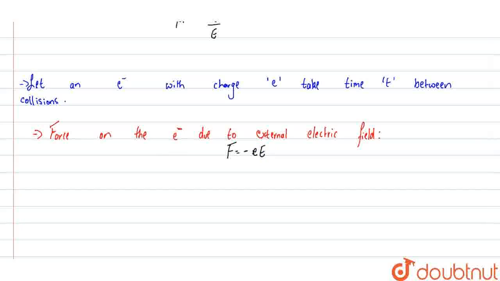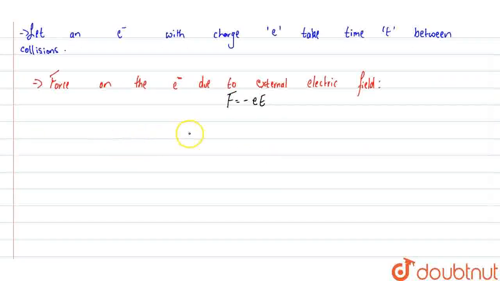From this we can find the acceleration of the electron as a equals minus e times E by m e.